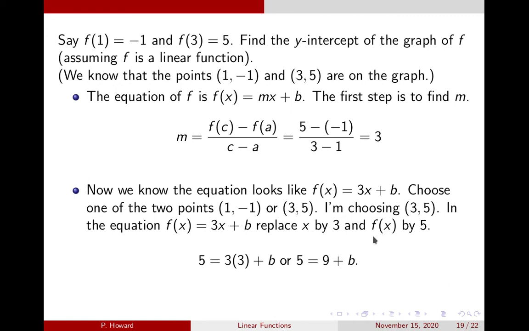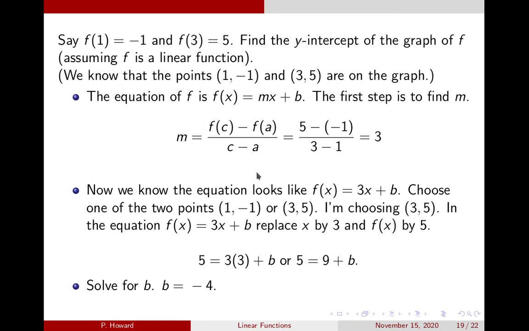Looks like this. 5 is 3 times 3 plus b. Or if you multiply 3 times 3, you get 5 equals 9 plus b. And now the last thing we have to do is solve this equation for b by subtracting 9 from both sides. B is minus 4.